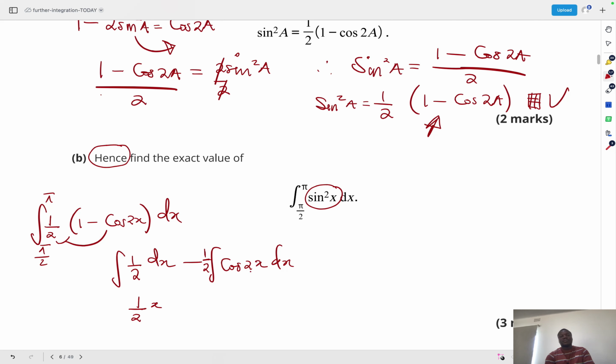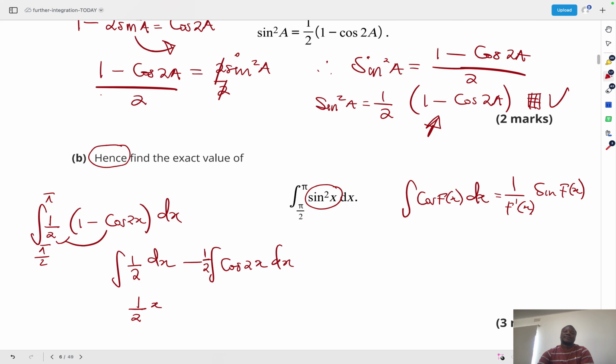And then the integral of this, remember, we've got cos. So what differentiates to give us cos is sine 2x. But then there is that guy there, and you remember the rule that I told you. If you've got the integral of cos of f of x dx, this is simply going to be 1 over f prime of x, sin f of x.